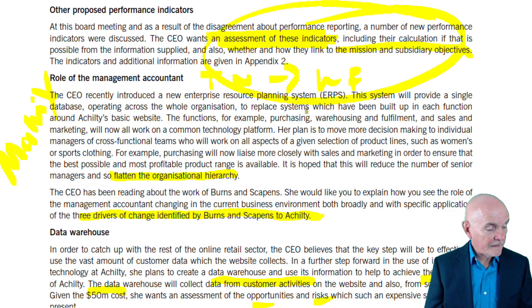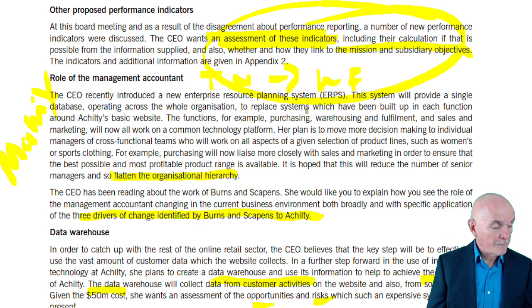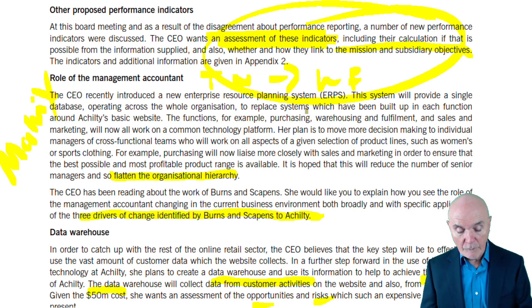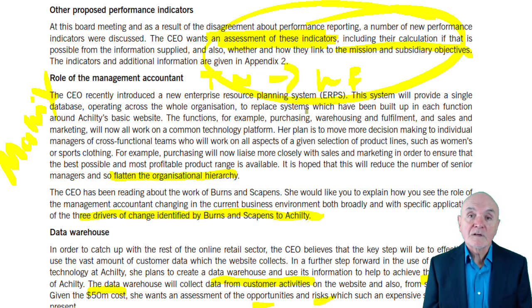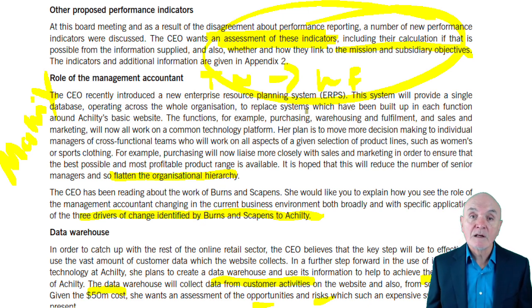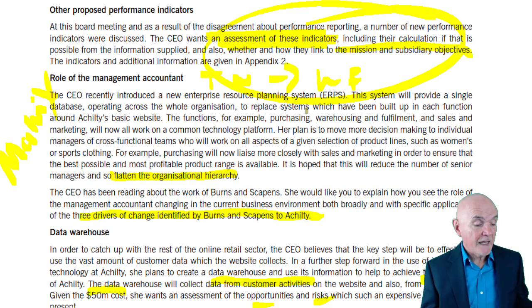The three particular areas, three particular drivers that Burns and Scapens were talking about, were changes in technology, changes in the management structure which takes place, and competition. In particular, changes in technology means that there's more easily available, flexible information available to everyone.